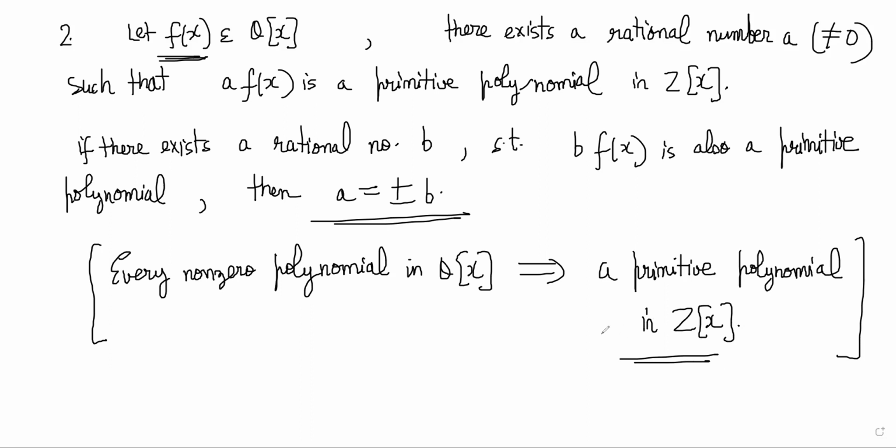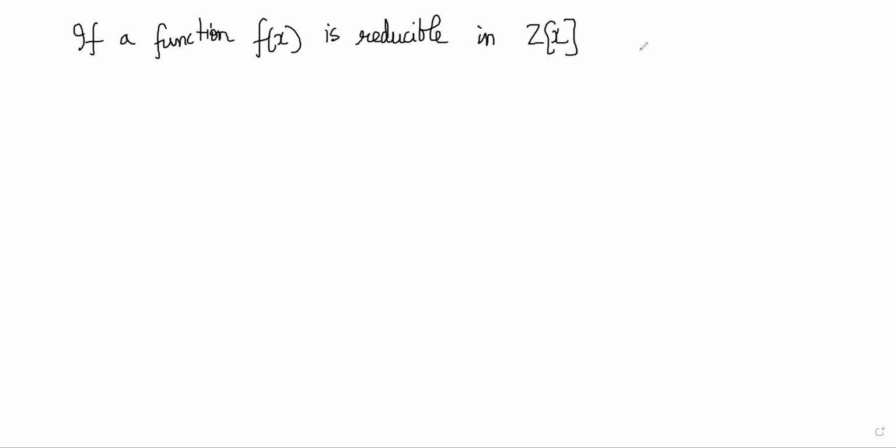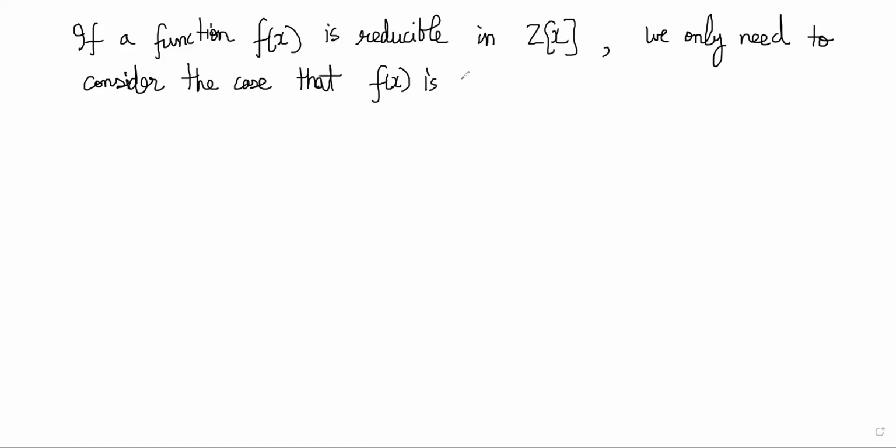So this property basically means that if you want to talk about whether a function f of x is reducible in Z of x, we only need to think about the case that f of x is a primitive polynomial in Z of x.